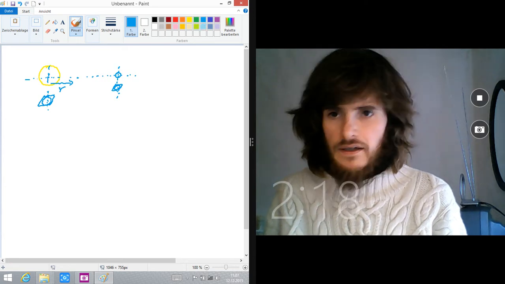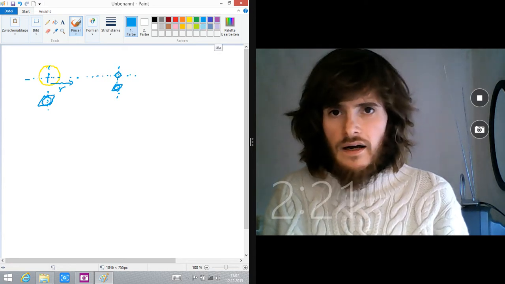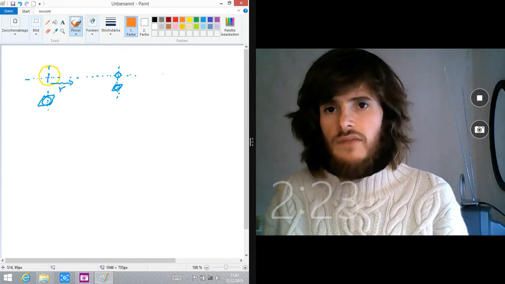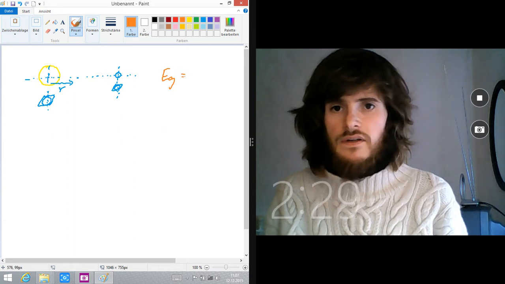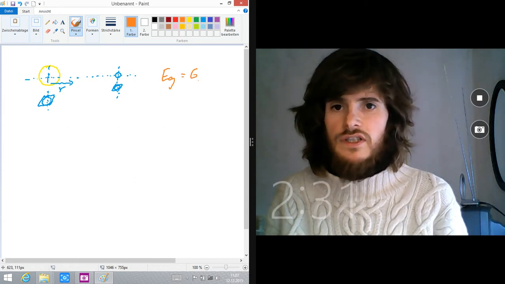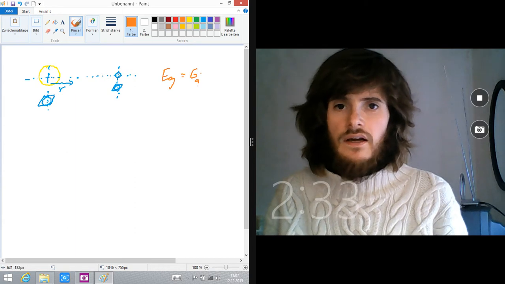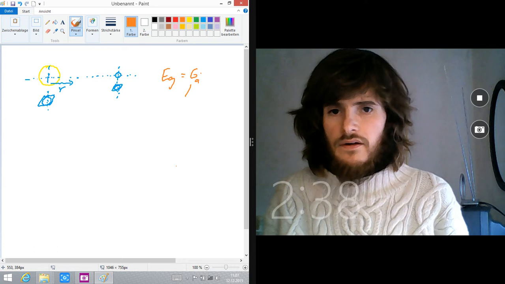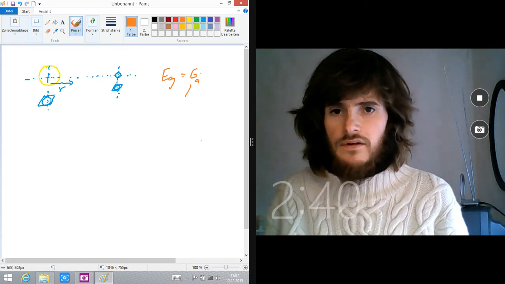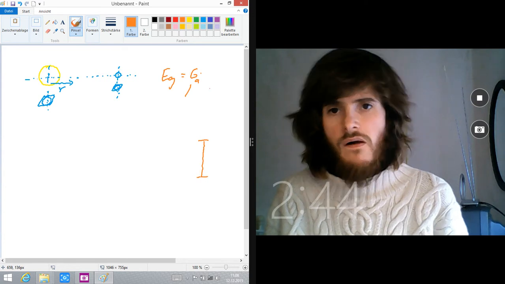And here I explained that the gravitational energy for each distance equals G analytical, which is the side of the micro black holes for the gigaspace.